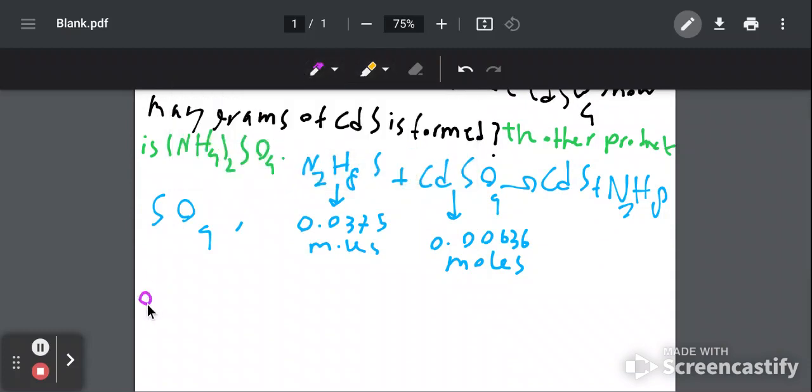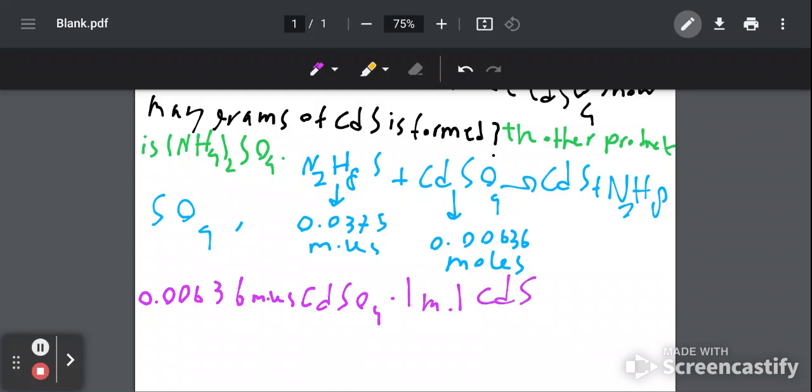We have 0.00636 moles of CdSO4, and we multiply by the ratio: there's 1 mole of cadmium sulfide per 1 mole of cadmium sulfate.